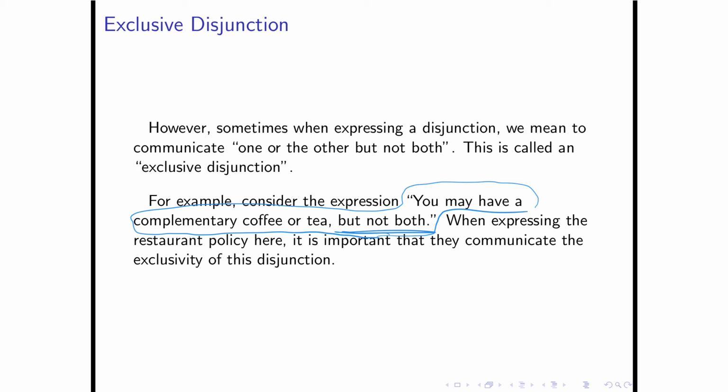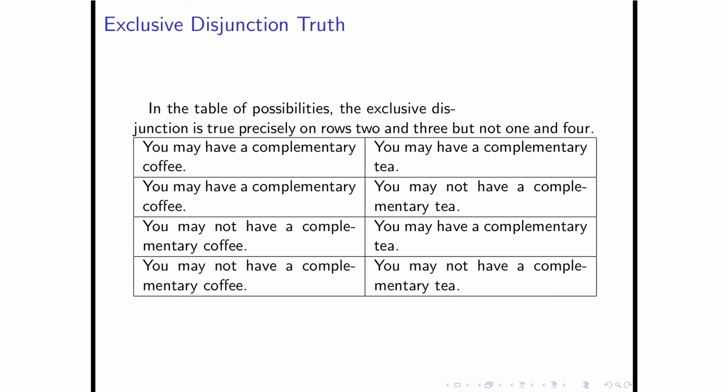But there's the idea of the exclusive disjunction. So the truth values under each scenario are going to be just like the truth values for an inclusive disjunction, which is to say it's going to be true on these two rows, false on the final row. But unlike the inclusive disjunction, it is false on the row where both propositions are true at the same time.